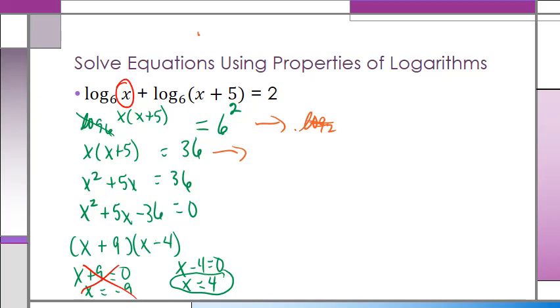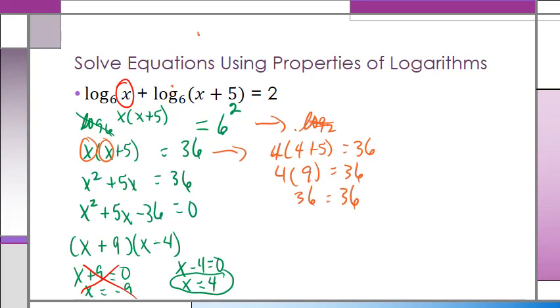So we have 4 times 4 plus 5 equals 36. Well, 4 plus 5 is 9. I've substituted in 4 for x right here and x right here. 4 times 9 equals 36, and 36 does in fact equal 36. All right, cool. We are done.